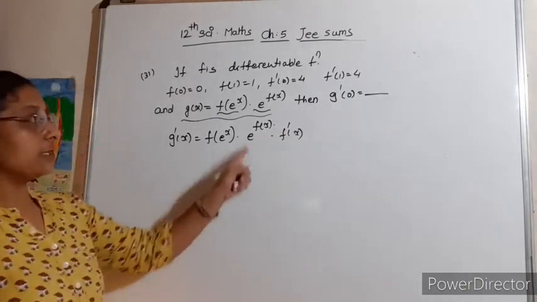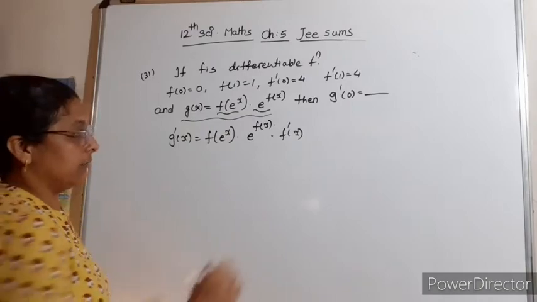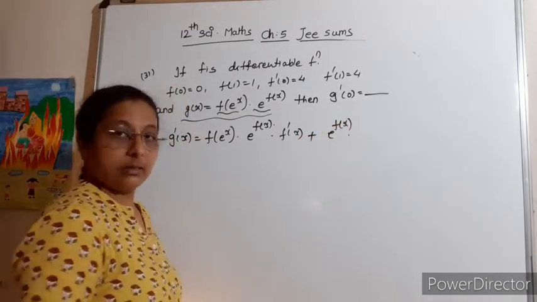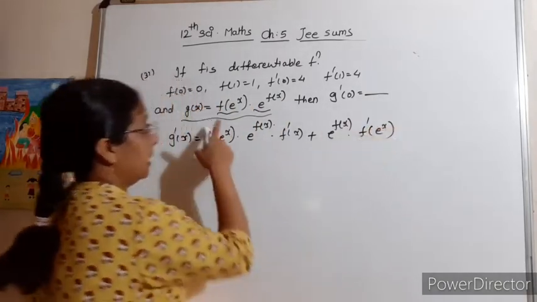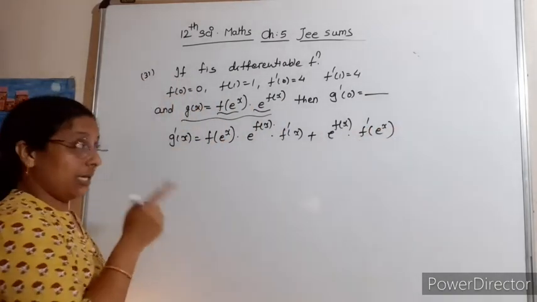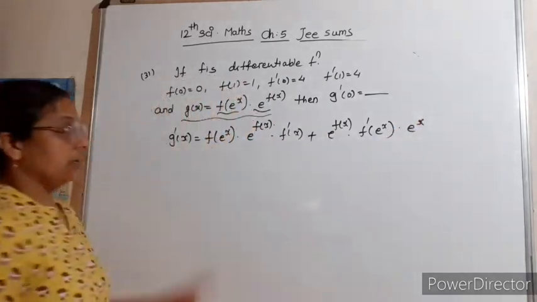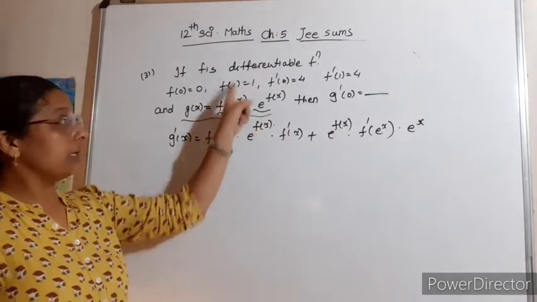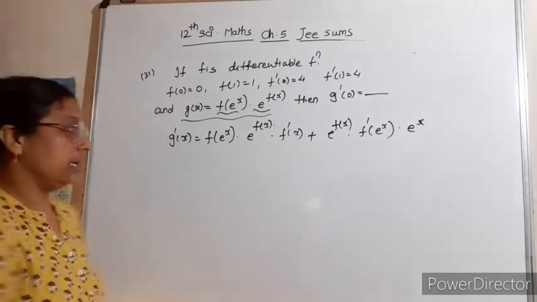Why? Derivative of e raised to x, then the derivative of the power is f dash x. Plus e raised to f of x is constant. The derivative of this is f dash of e raised to x, first the derivative of f, chain rule, and then the derivative of e raised to x, which is e raised to x. You will use the chain rule here.